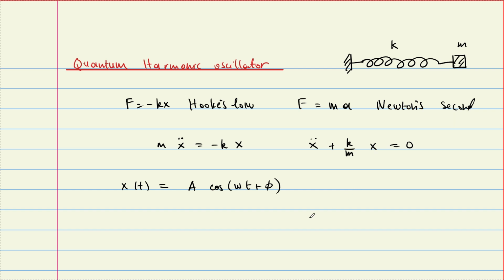And the picture is, I have a potential. So this is U of x. This is x, and I have some energy that I give to the particle.